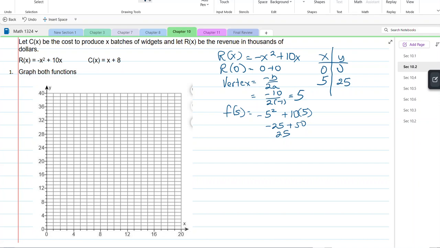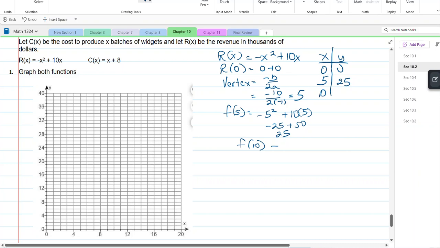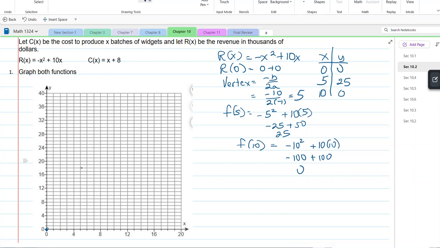Yes, I'll do 10. If I do 10, I'm going to have f of 10. And that's going to be negative 10 squared plus 10 times 10, because that'll give me 100. So I'll get back to 0. All right. So I have my revenue function: 0, 0, then I have 5 and 25.